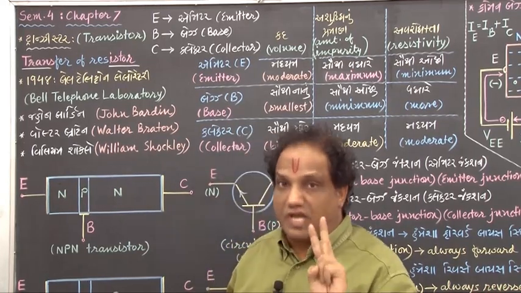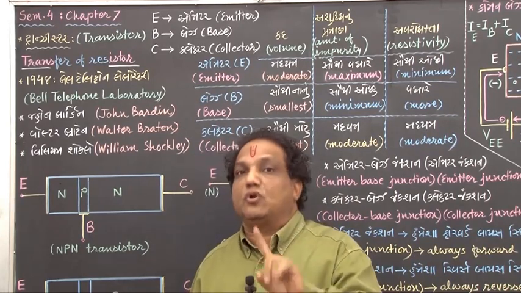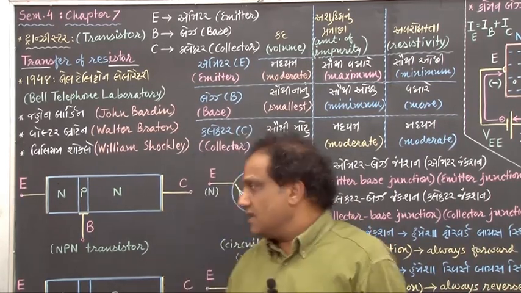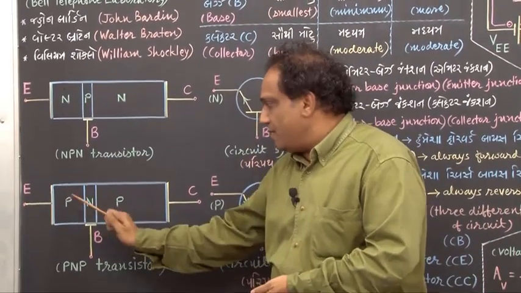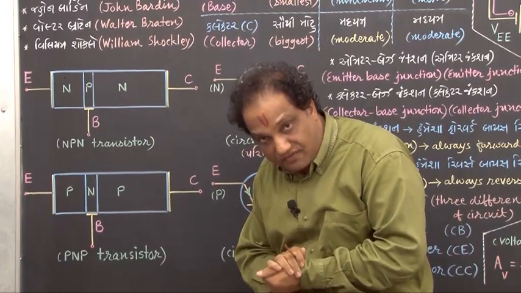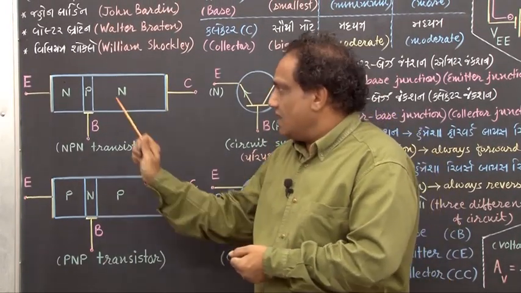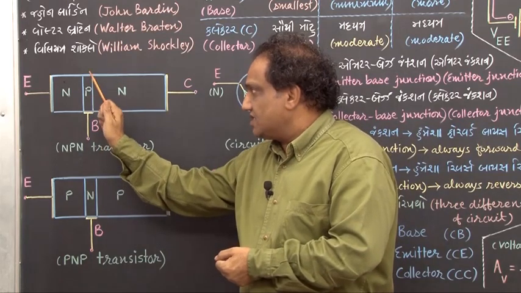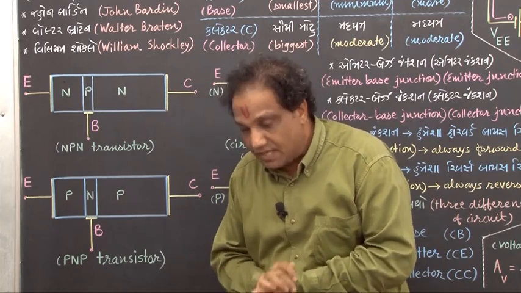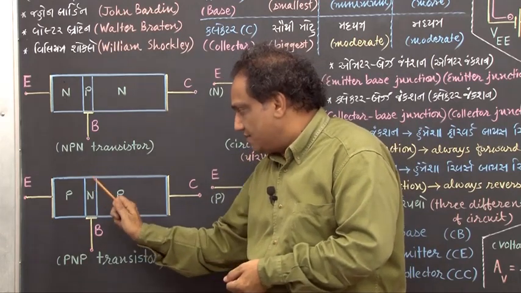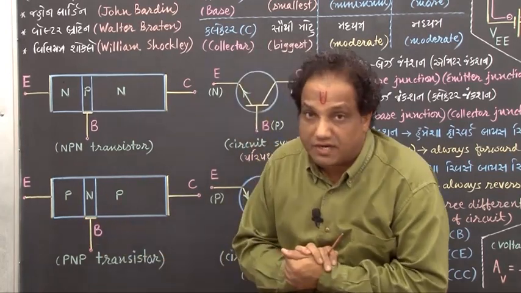Okay, fine. Now let us see what that transistor is. Transistor is of two types. One is the NPN transistor, another is called the PNP transistor. Now tell me how it is prepared. Here one P-type semiconductor is sandwiched between two N-type semiconductors, and here one N-type semiconductor is sandwiched between two P-type semiconductors.